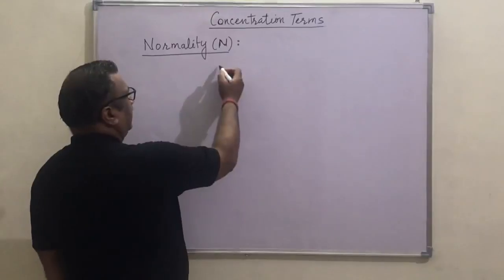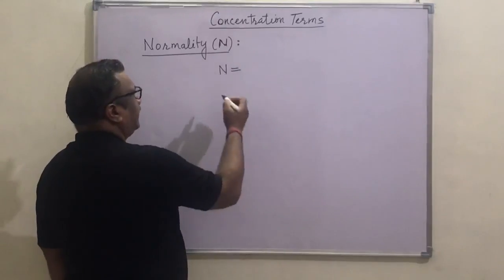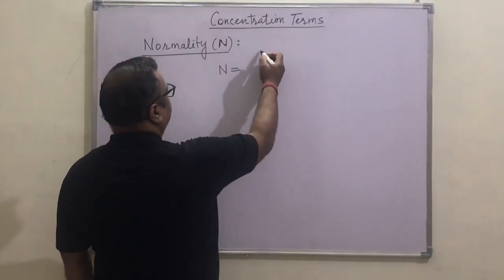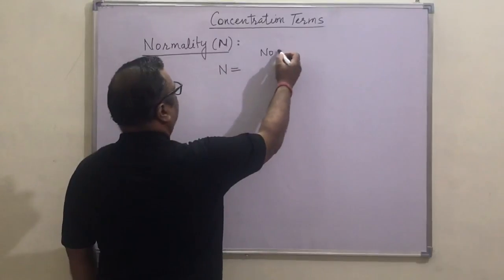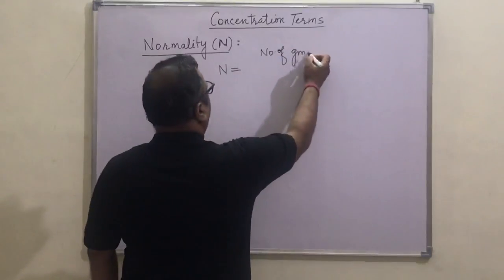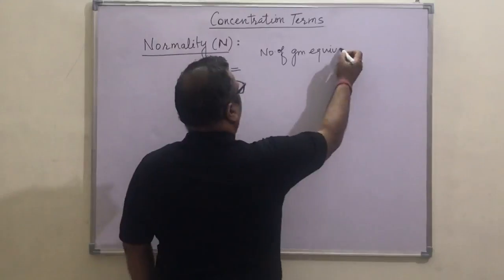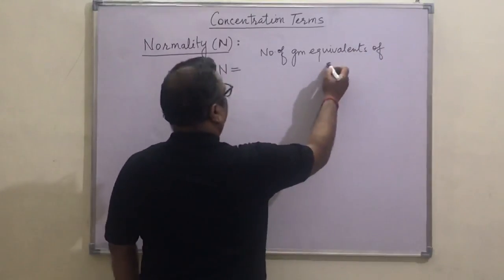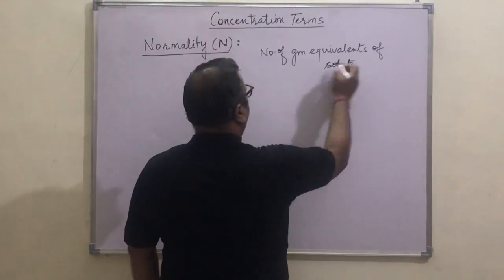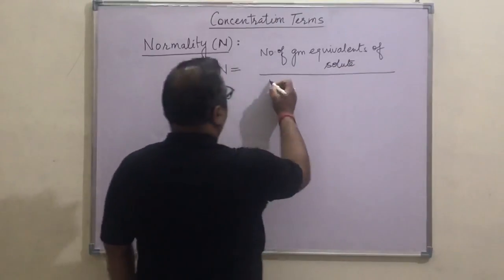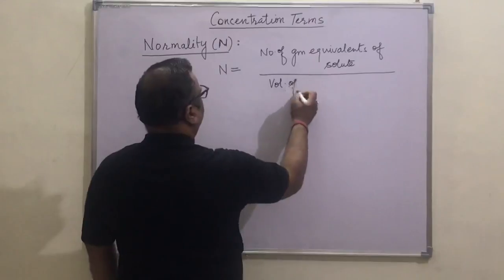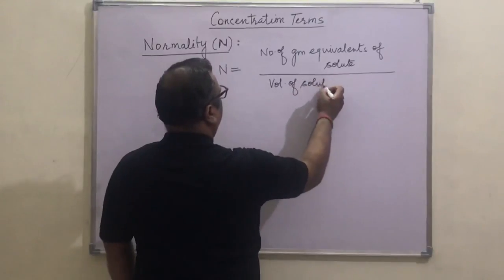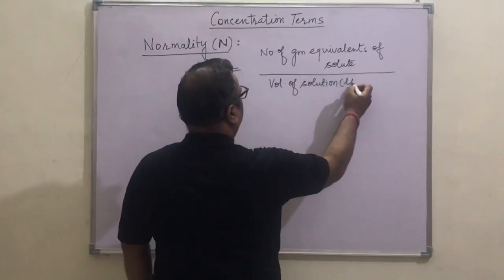In order to define normality, we say it is the ratio of number of gram equivalents of solute divided by volume of solution in liters.